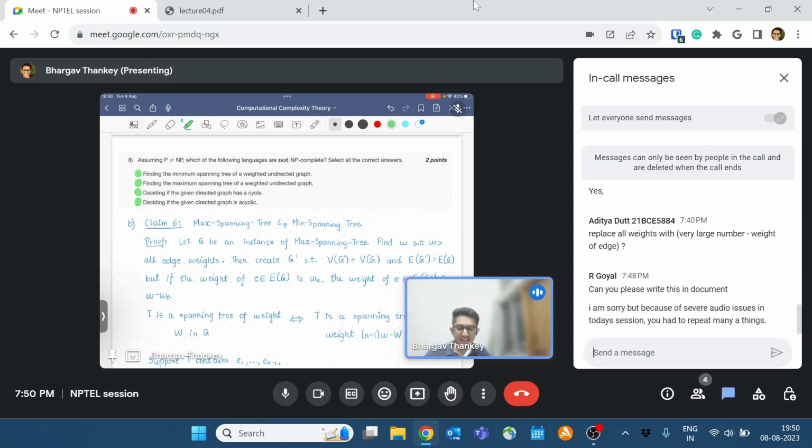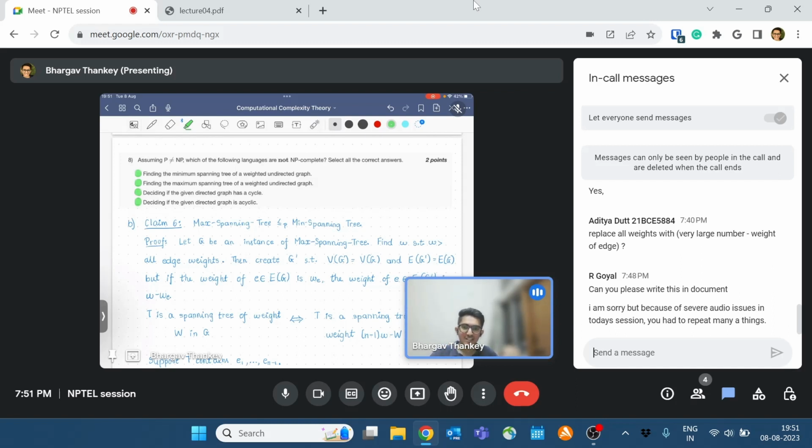So why is C in P? Given a cycle, I can verify. Yeah, that is true, but can you tell me an algorithm to verify that? Yeah, I will do a DFS on it. So all you have to do is a DFS.